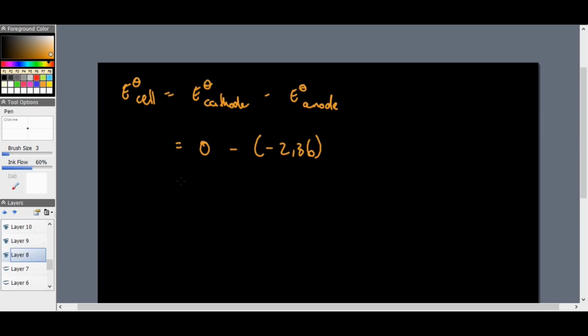Some people just get acquainted with one. So we know that's going to end up being positive, so our voltmeter reading under standard conditions for this cell is obviously 2,36 volts, which is 0 plus 2,36. Minus times a minus is a positive. That goes without saying, but I said it anyway.